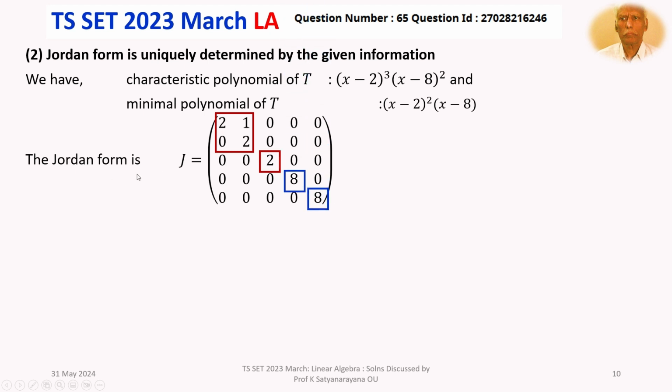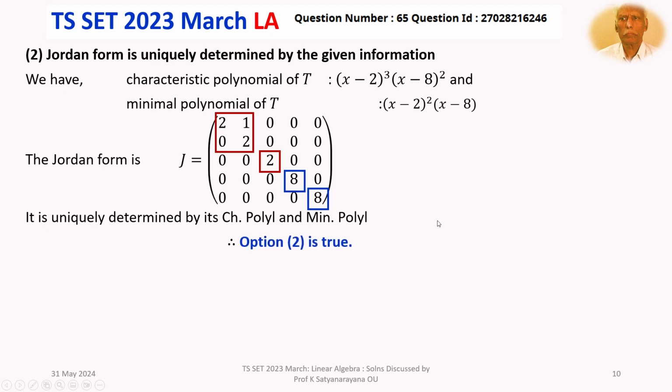So that is the Jordan form of the given linear transformation with this characteristic polynomial and minimal polynomial. Right. And it is uniquely determined by its characteristic polynomial and the minimal polynomial. Thus, our option 2 is also true.